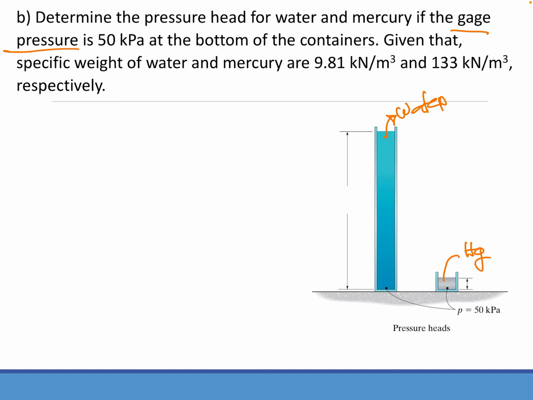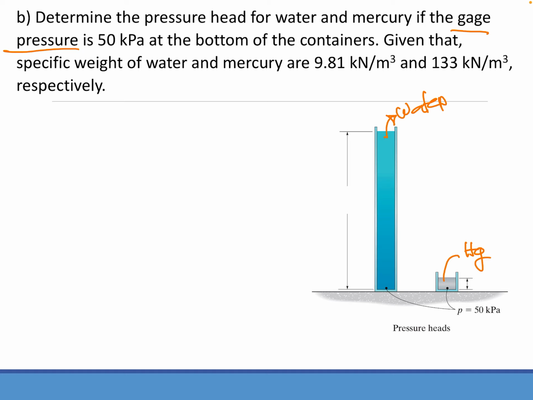And for both of these tanks, the pressure at the bottom is 50 kilopascal. Now they are asking you to find for what height of water column the pressure is 50 kilopascal. In other words, they are asking you to find the pressure head for the water and mercury for this pressure.